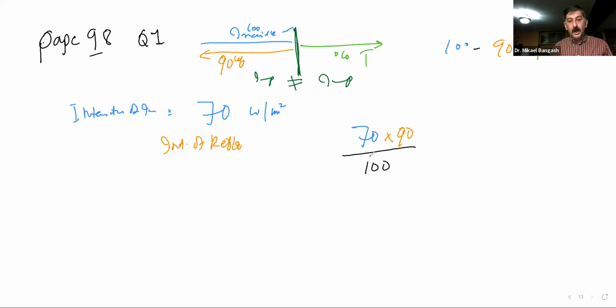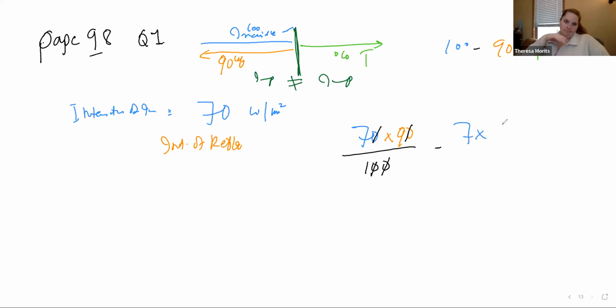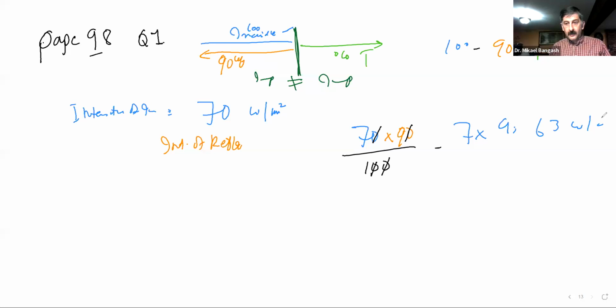Here you don't really need to multiply 70 by 90, because we can use the easy trick: this 0 cancels this 0. The only thing you need to do is 7 multiplied by 9, which becomes 63. So that's going to be the intensity of your reflection.